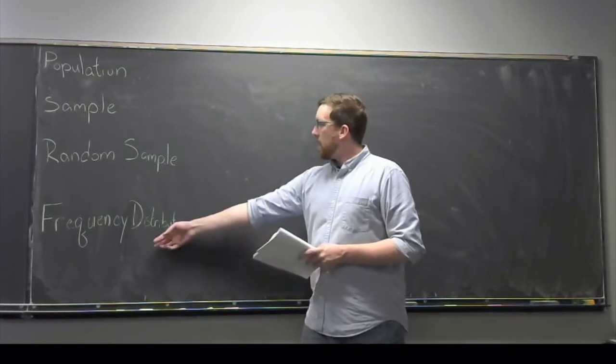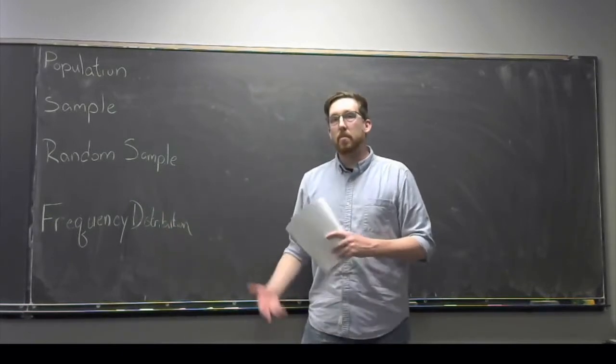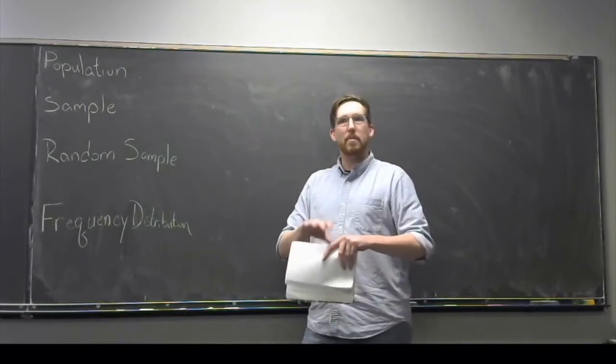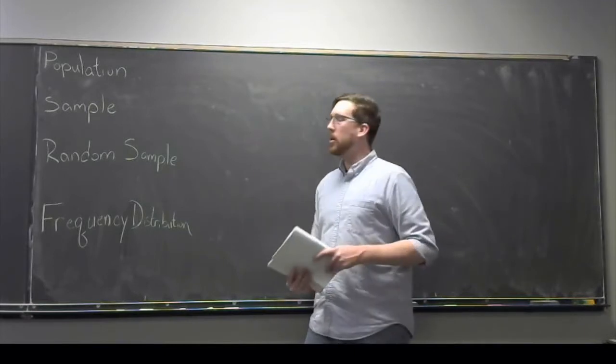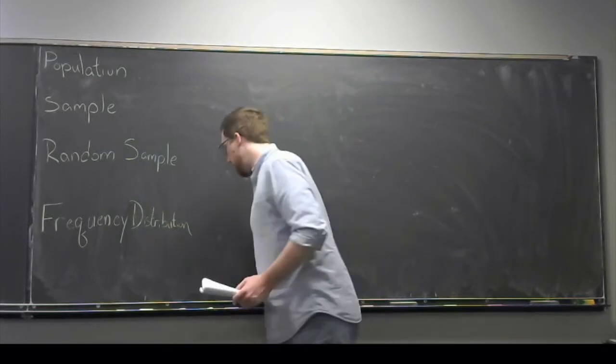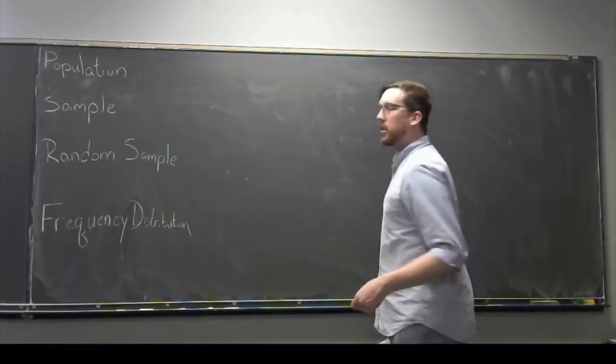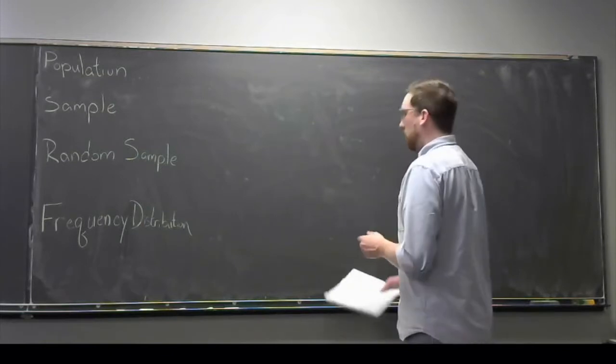Having said that, a frequency distribution might then be used to say something about the data, to help us better understand the data. And as an example of a frequency distribution, let's consider we're rolling dice.